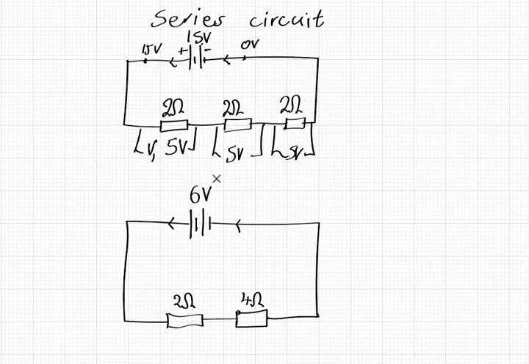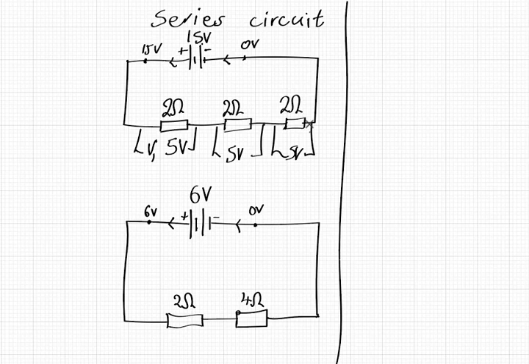I think 6 volts is okay. So each and every charge leaving the positive terminal will have a voltage of 6. At the end, as it approaches the negative terminal, as usual, it will have 0 volts.